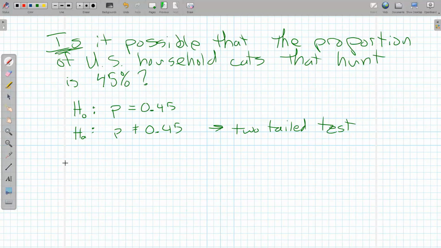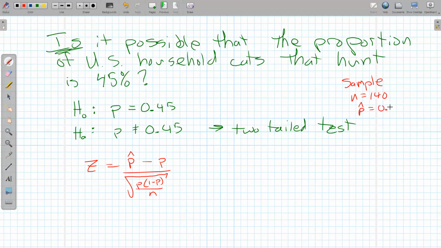So from here, I want to calculate that standardized z-score. So the z-score, again, is going to be my sample statistic minus the null hypothesis value divided by the standard error. And for a hypothesis test for a proportion, that's the square root of p times 1 minus p over n. My sample had n equal to 140, and p-hat was given as 0.35.